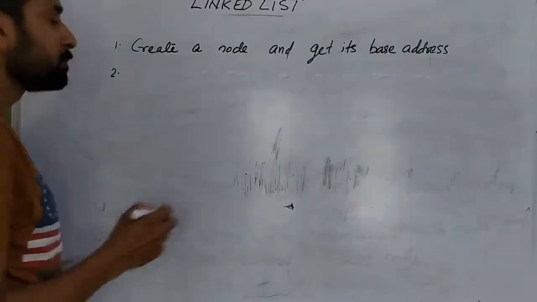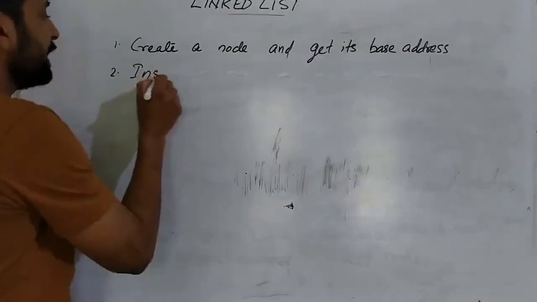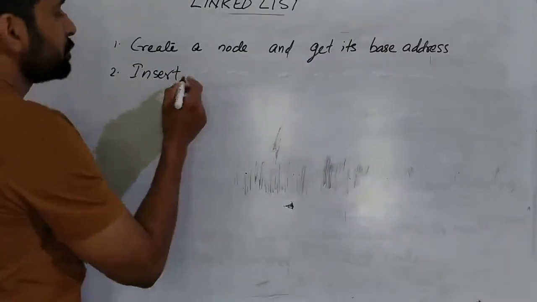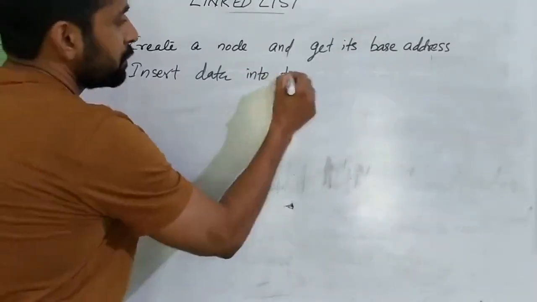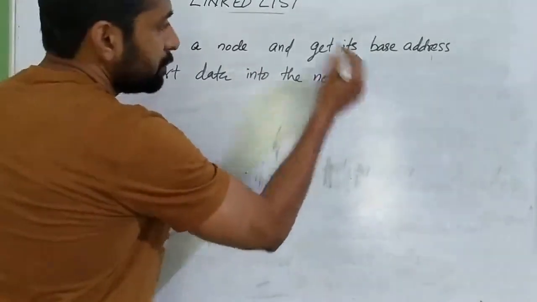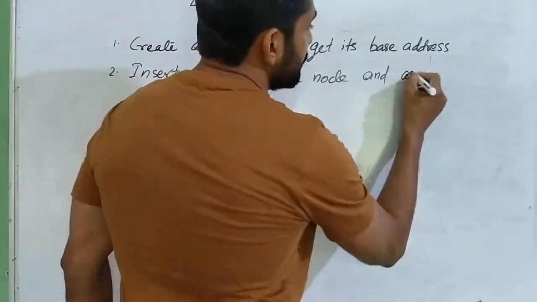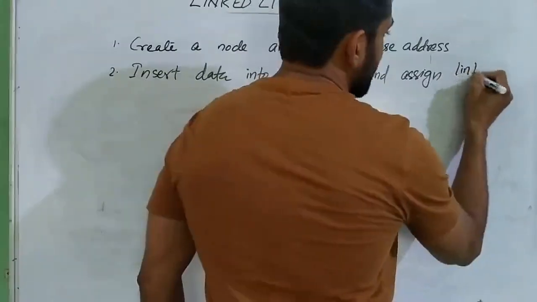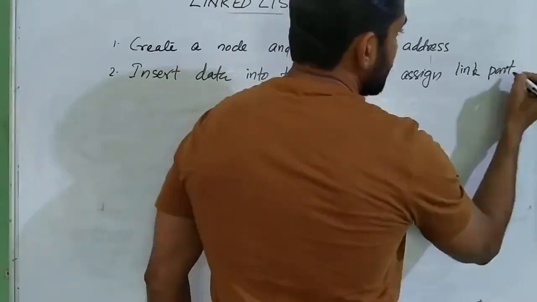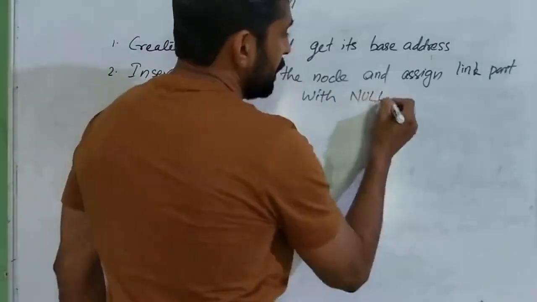Second one, insert data into the node and assign link part with null.